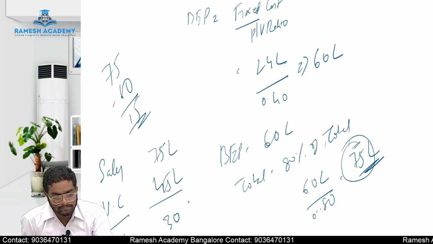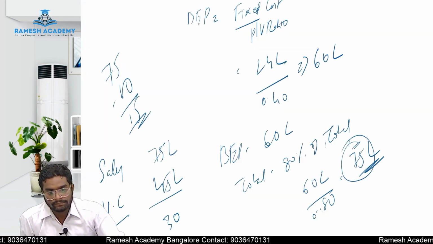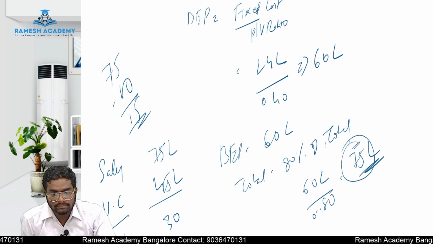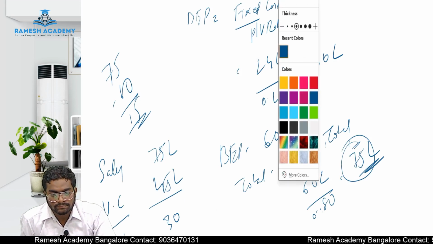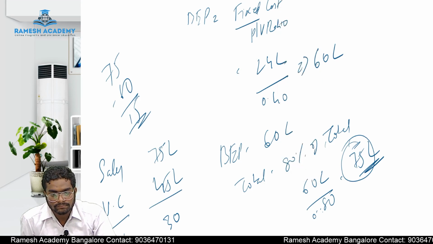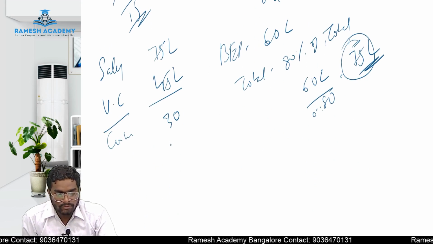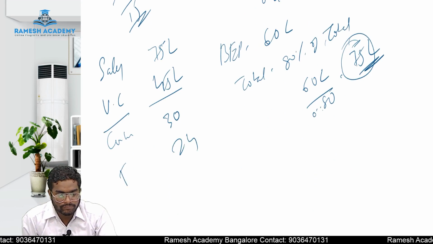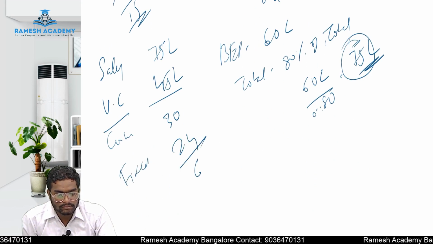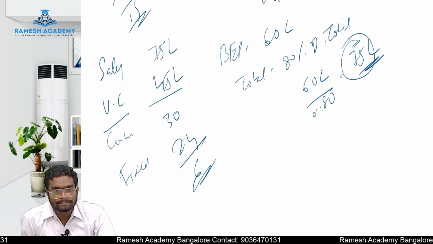So I have the fixed cost of 24, which gives profit 6. Done. Simple.